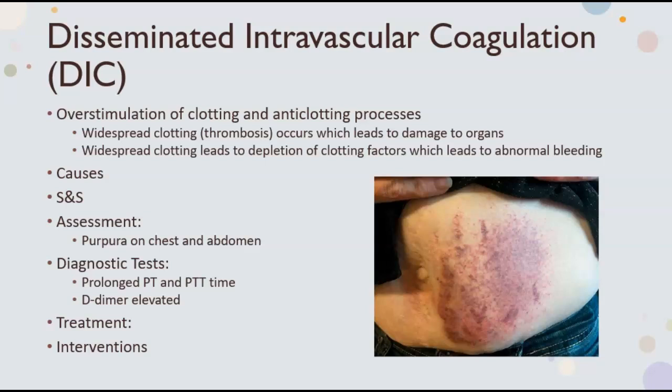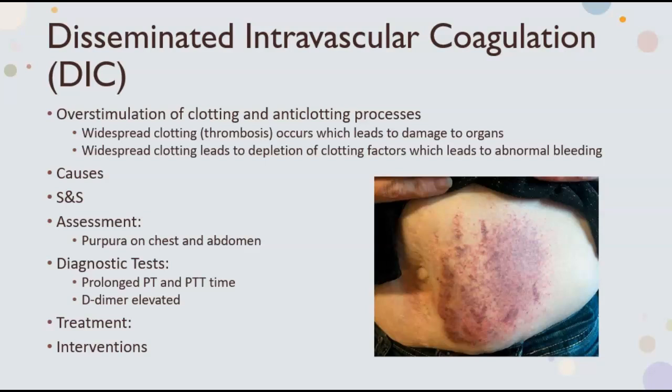Might also see petechiae, abdominal tenderness, and in worst cases, GI bleeding, hematuria, pulmonary edema, pulmonary embolism, hypotension, tachycardia, absence of peripheral pulses if there's a clot, restlessness, confusion, seizures, and coma.